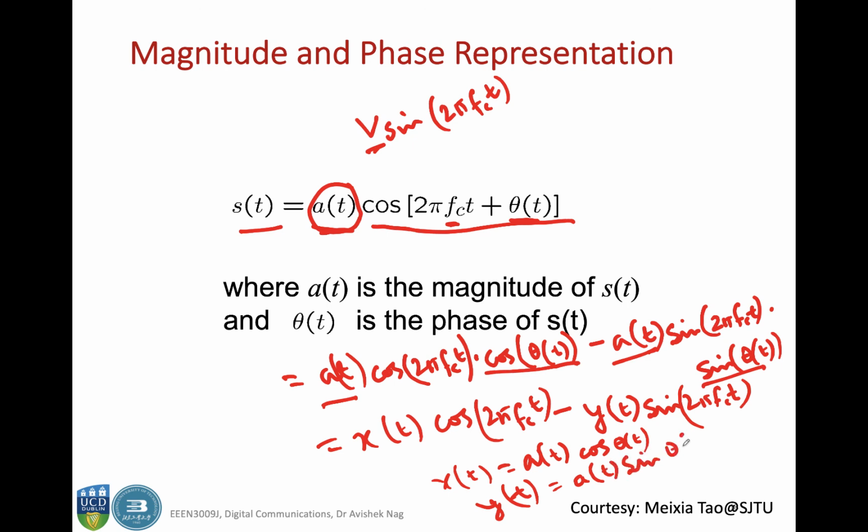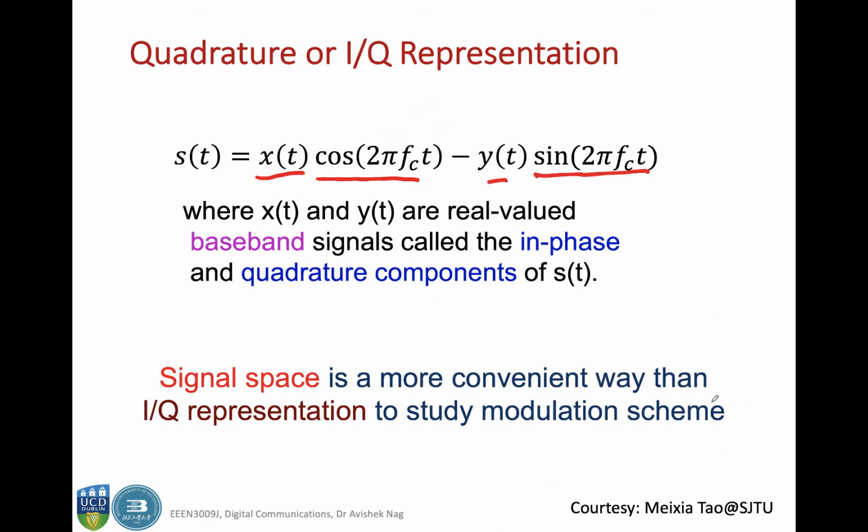So you see magnitude and phase representation is equivalent to the IQ representation. So IQ representation is this thing, x(t) cos 2 pi fc t minus y(t) sine 2 pi fc t. So it's the same way of representing the signal.